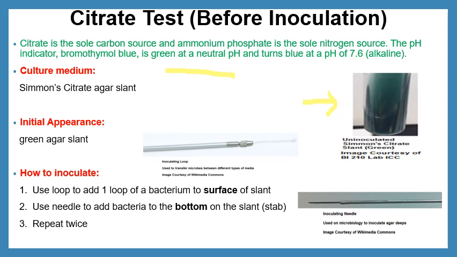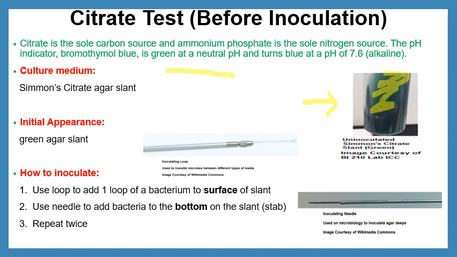So our culture medium, as you fill in the corresponding worksheet, is Simmons citrate agar slant. The initial appearance is a green agar slant. How to inoculate? We would use one loop, again aseptically, to add bacteria to the surface of the slant. So right with our loop on the surface of the slant.